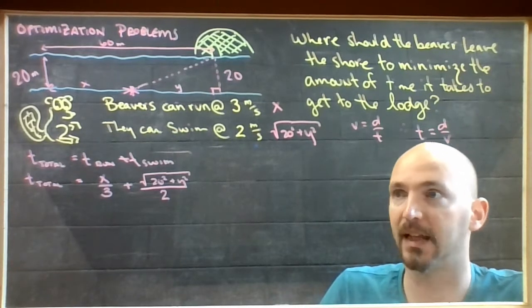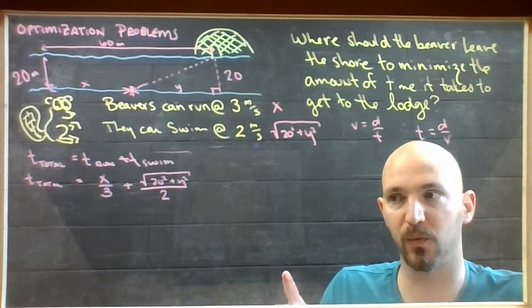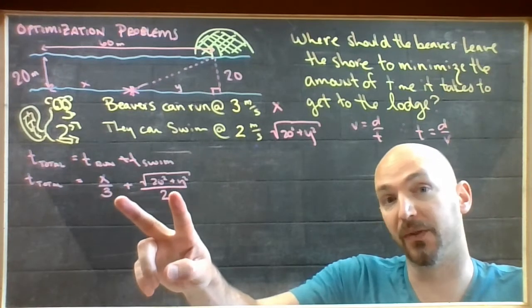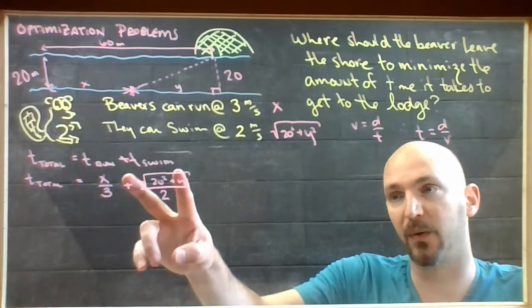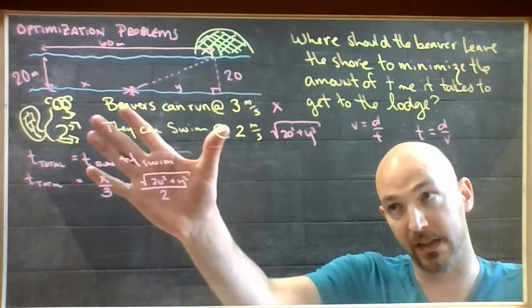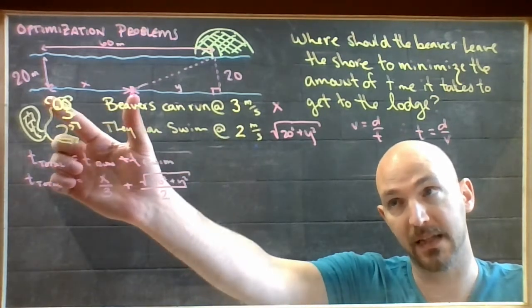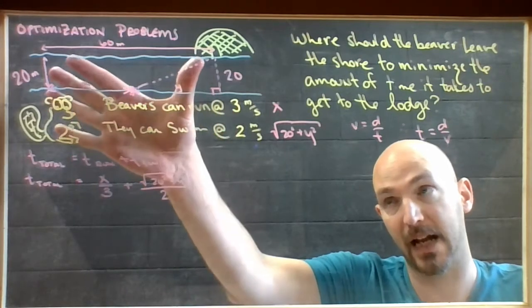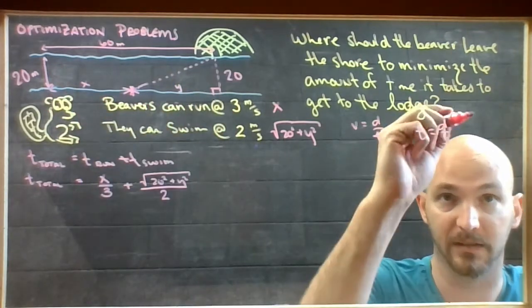Now you'll notice, like every single optimization problem we've done, there are two variables over here, and that's problematic. So I need to have a relationship between x and y. And fortunately, from the diagram, you can see that this piece plus this piece has to add to 60. Pop that up here.